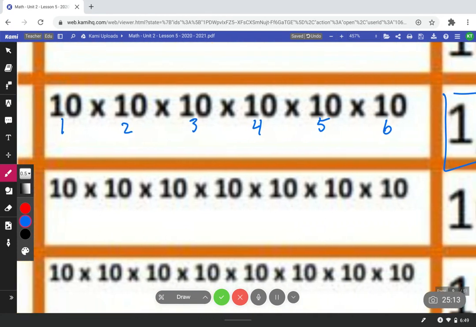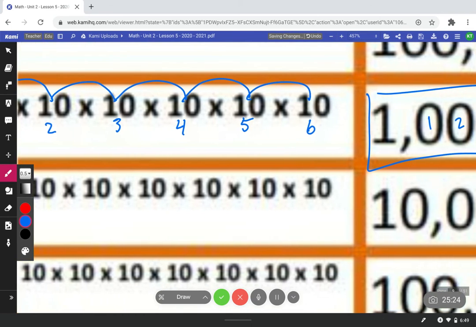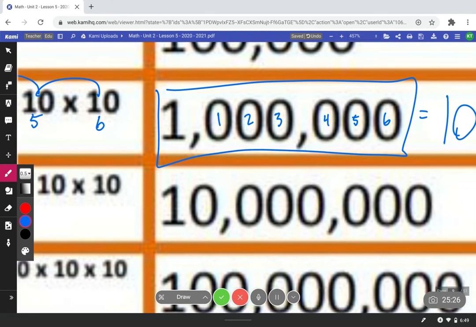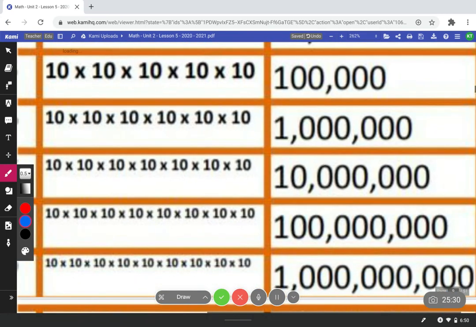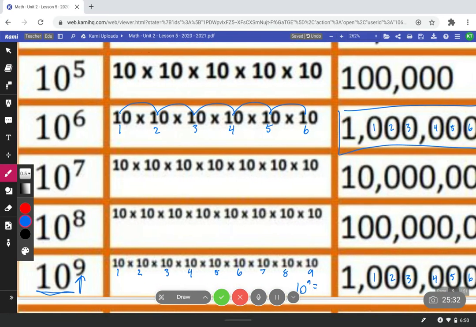So 10 to the power of 6 is saying I am going to multiply 10 times 10 times 10 times 10 times 10, and if you put that in a calculator or you solved for that, it would be 1 million. 10 to the power of 6.